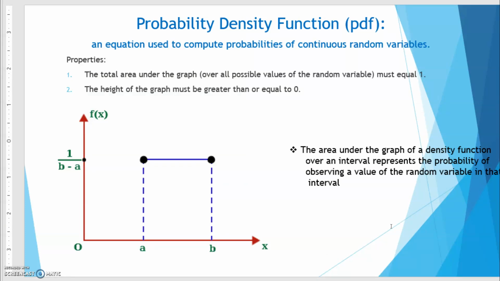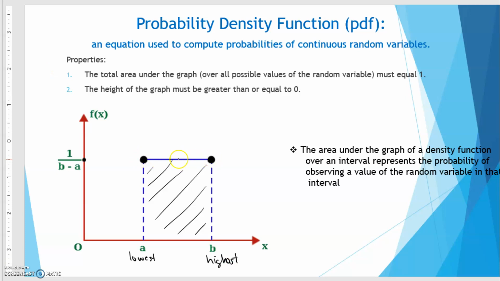Okay, so you've got two properties. The total area under the graph, or over all possible values of the random variable, must equal 1. So for this graph, the total area under that rectangle has got to be equal to 1. And the height of the graph must be greater than or equal to 0. That's just so we can find a probability. Now for your uniform distribution, remember A was the lowest number and B was the highest number.